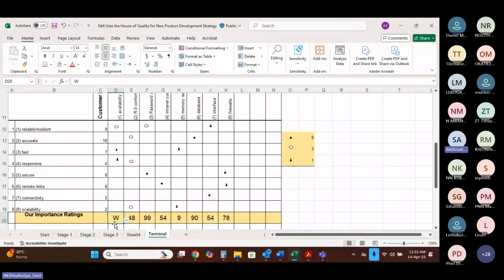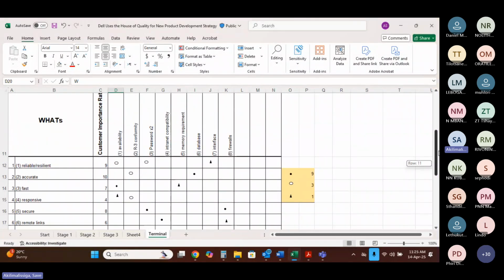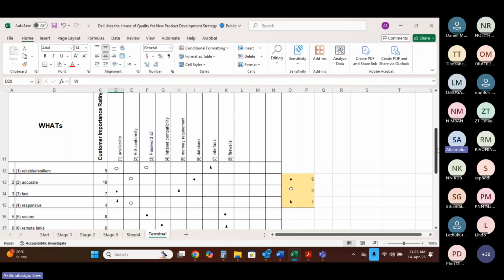That means you need to know how to build a house of quality from scratch, and how to fill in the template that could be provided, so that whatever aspect of the house of quality the question is based on, you should be able to unpack and answer it.